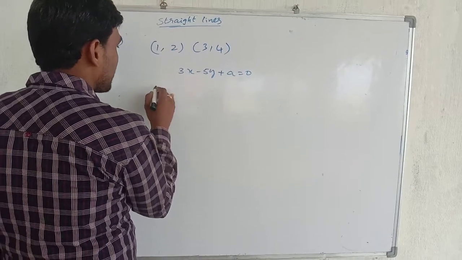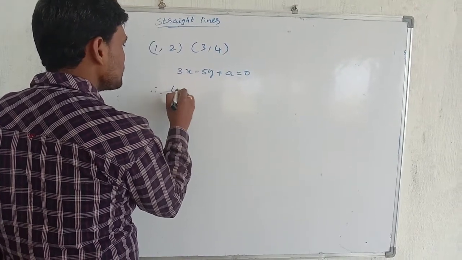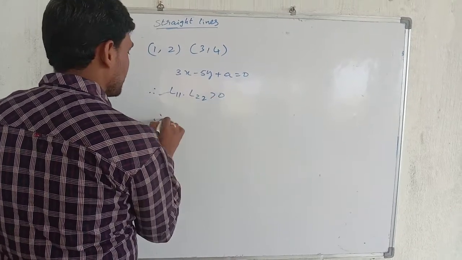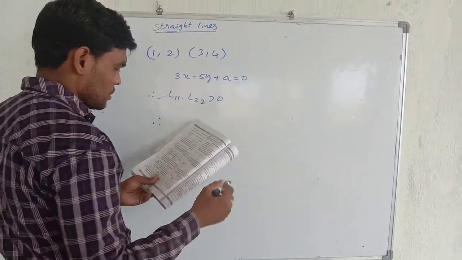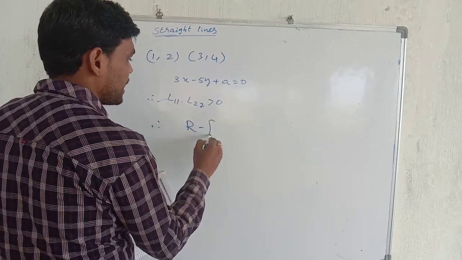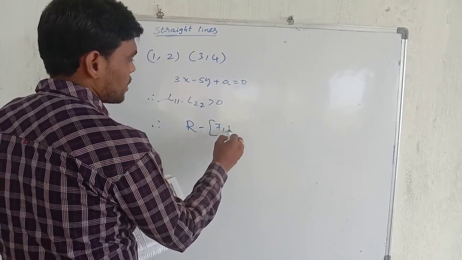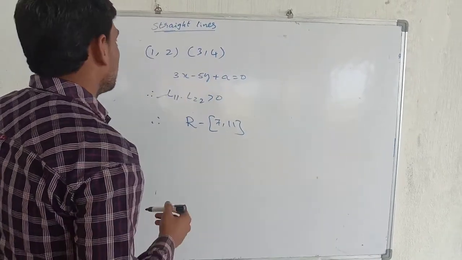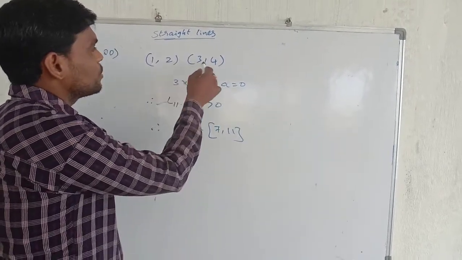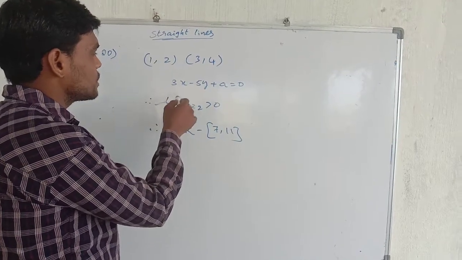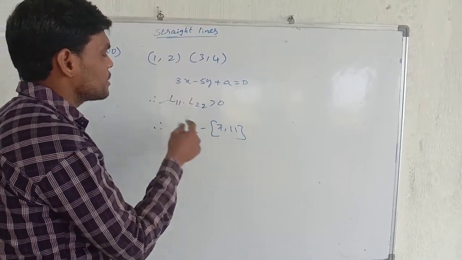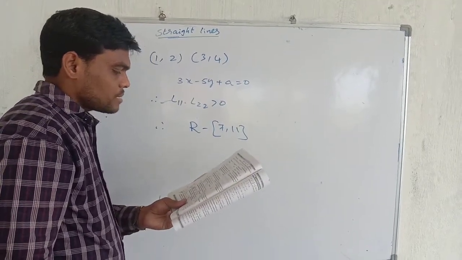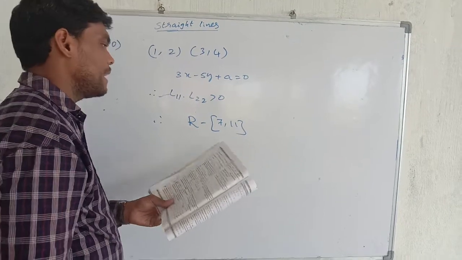Now the same side of the line, and therefore L11 into L22 is positive, and this option is real numbers minus the closed bracket 7, 11. Already we have solved the bit: (1, 2) and (3, 4) on the same side of the line, this is the first line and second line, and a is 7 and a is 11, and the option is the second, R minus the closed bracket 7, 11.